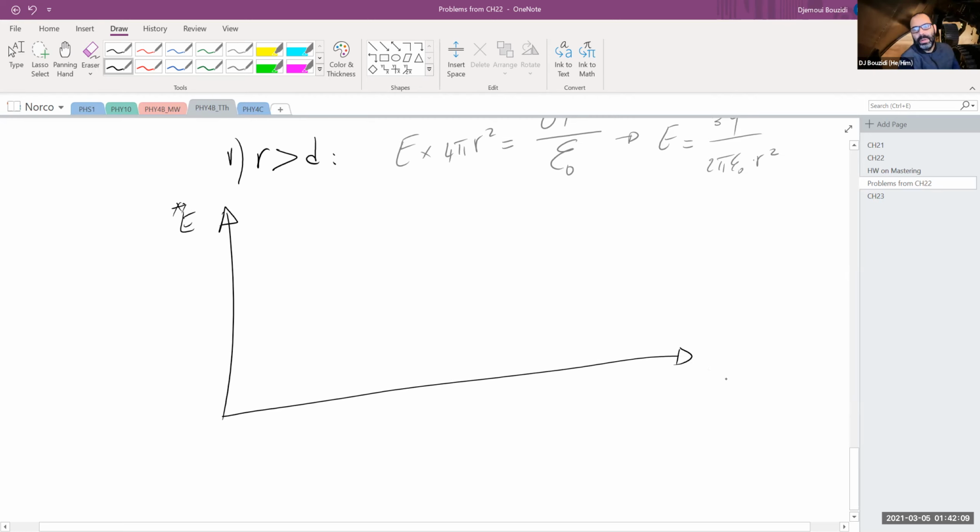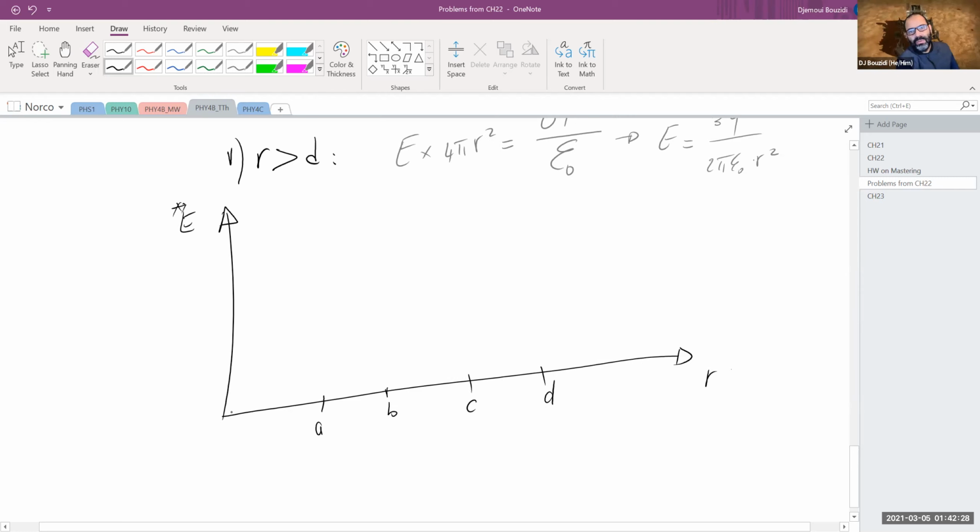So we're not looking for directions. And here is R. Here is a point A, that's the inner surface. Here is a point B, the outer surface of the inner shell. This is C, the inner surface of the outer shell. And this is D, the outer surface of the outer shell.